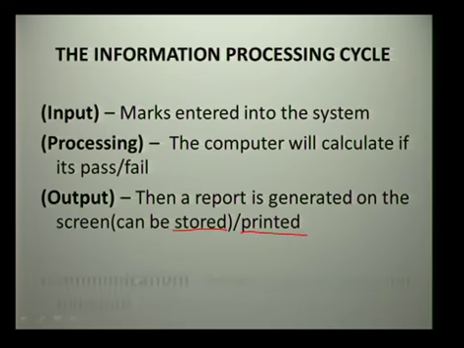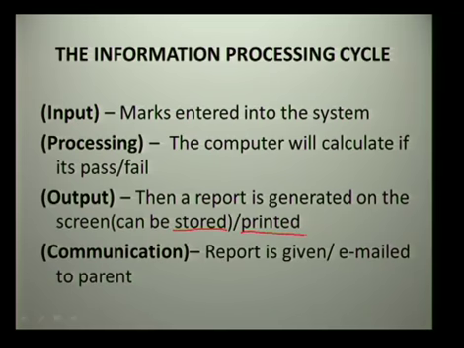All right. Lastly, communication, where your report would be given to the parent, or it can also be emailed. Remember, communication can be broad. The fact is you are receiving some sort of communication in the form of an email or in the form of a printout. Right, so this is our information processing cycle that makes you understand how a computer works.